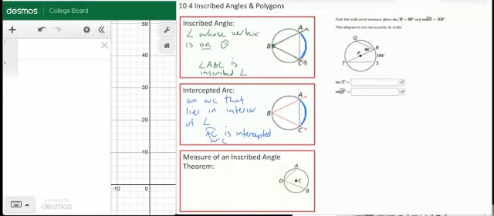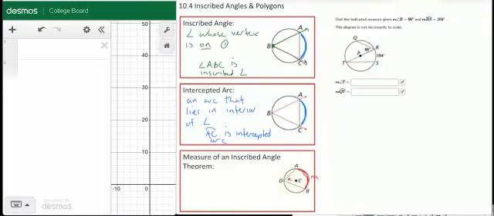So we've already talked about central angles being equal to those intercepted arcs. And an inscribed angle is going to be 1/2 of the measure of its intercepted arc. And so if we call this arc measure right here M, and we call this inscribed angle A, you have two perspectives to think of this.